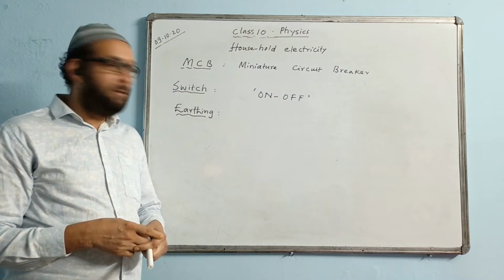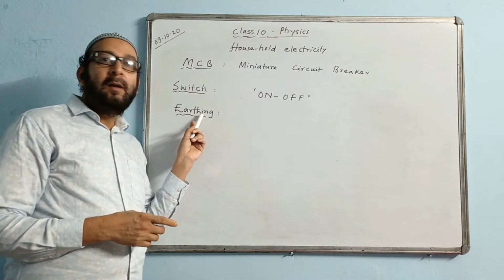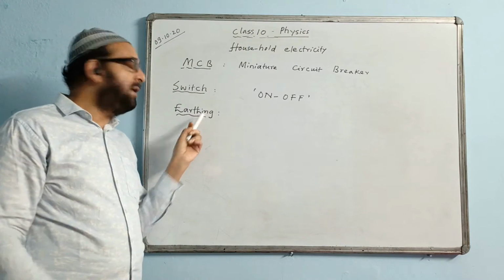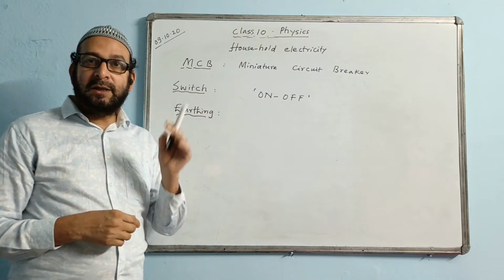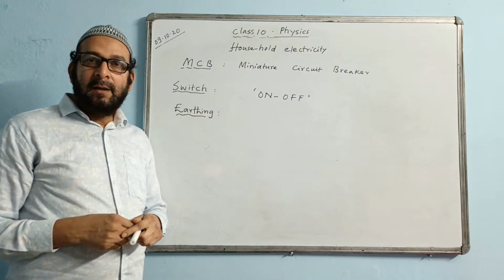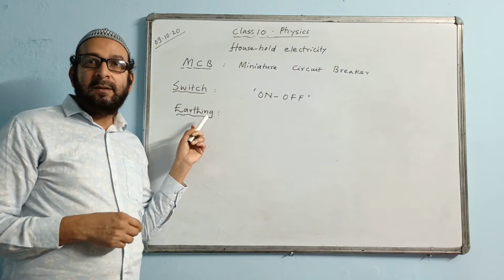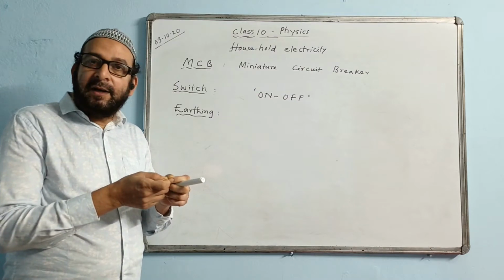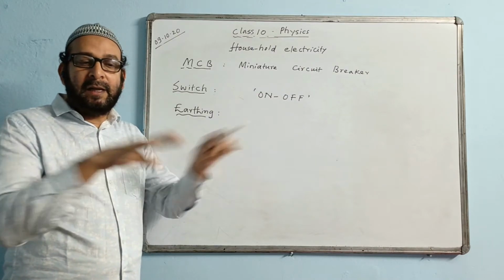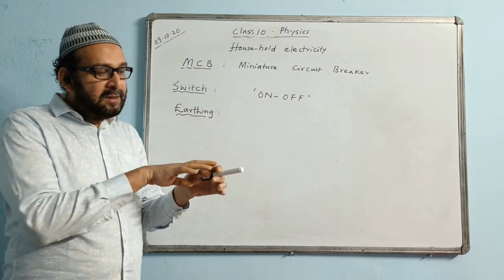So they must have the connection of the appliance made with the earth, and the earthing is very much required in those circumstances. By chance, if we don't earth it and there is a leakage of current in the body of the appliance, because the body of the appliance is normally metallic, the current is running in the body.